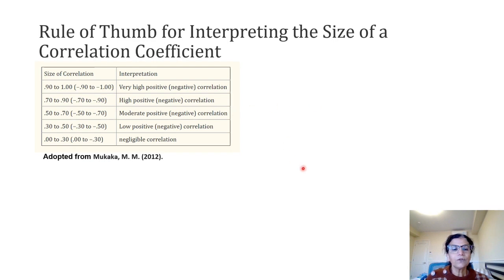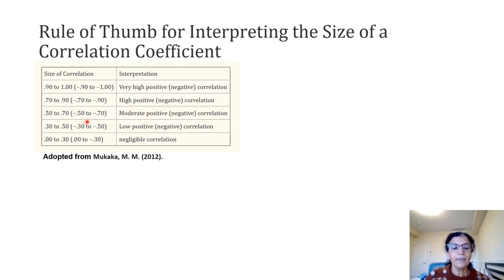So when you calculate R and if the value is between 0.9 to 1.0, you can say there is very high positive correlation. Similarly, if it is between negative 0.9 and negative 1, it is still very high but negative correlation.